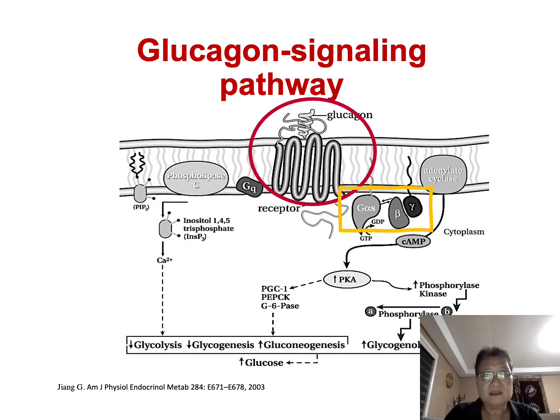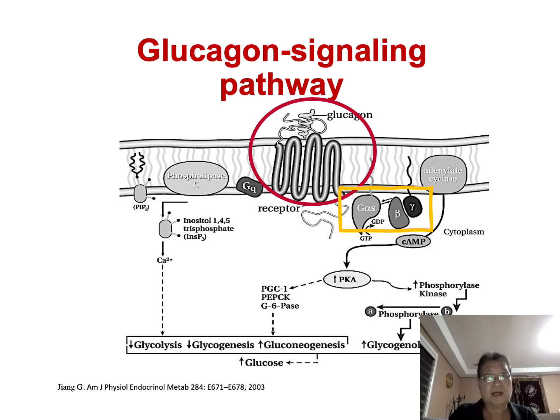Then this adenylyl cyclase turns ATP to cyclic AMP, which is the second messenger. The first messenger is the glucagon that attaches to the receptor, and it transduces the message to this second messenger, cyclic AMP. Cyclic AMP in turn activates PKA, and PKA phosphorylates a lot of proteins that lead to breakdown of glycogen and also an increase in the genes encoding key enzymes for gluconeogenesis.